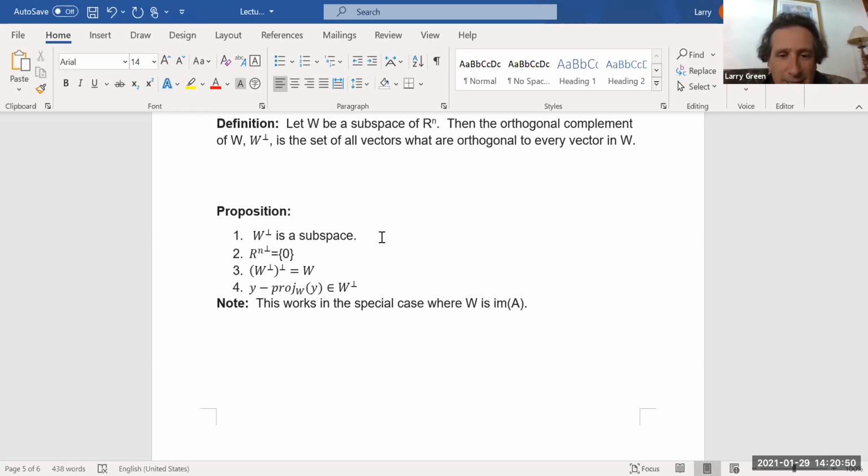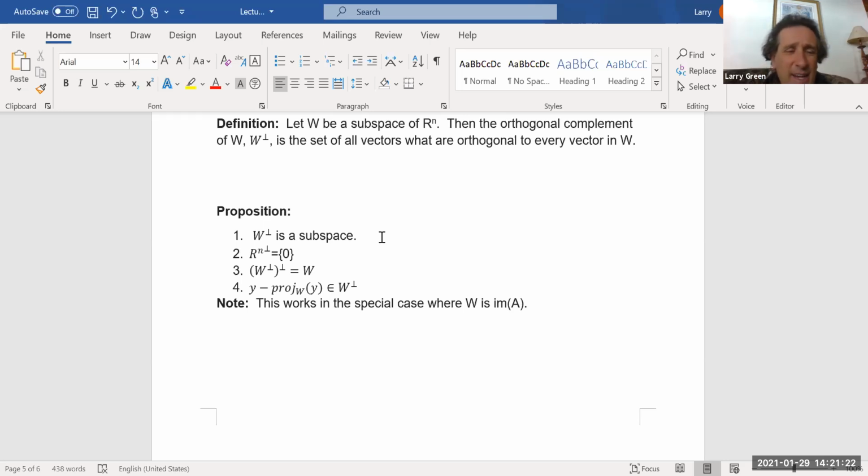And then finally, remember that the image of a matrix was a subspace. Do you remember that? So in particular, you can look at that image as a subspace and you can look at its perp and realize the proposition works for everything there. Any questions on this idea?